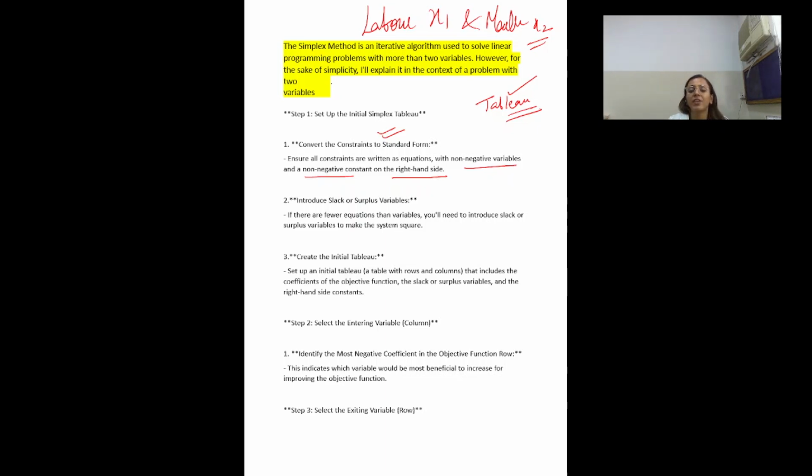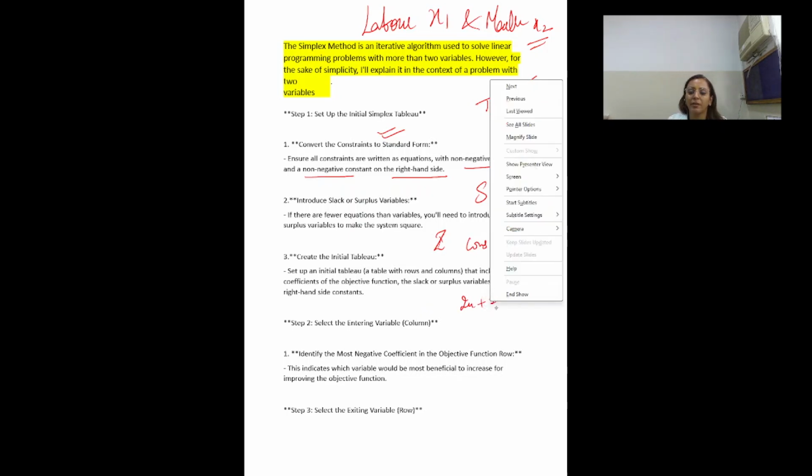Now further, sometimes we have to introduce the slack variable as well as the surplus variable in the simplex method. What exactly is this slack value? See, whenever we put the equation in this form, say we are given a constraint, and the constraint is, for example, 2x plus 1y is less than or equal to 10.